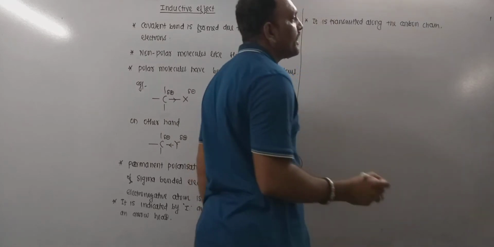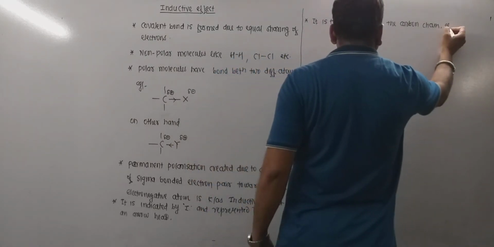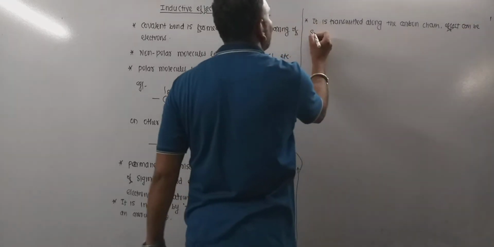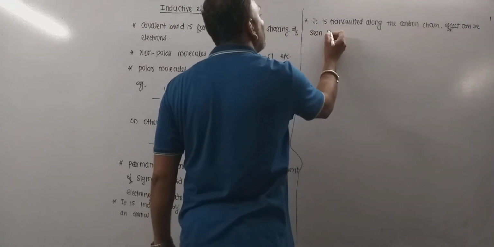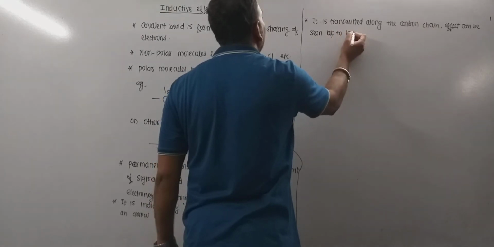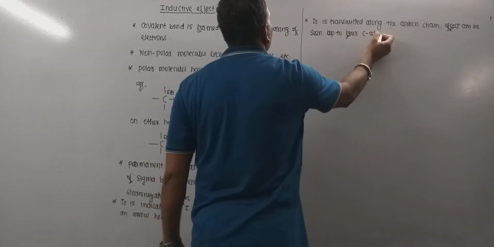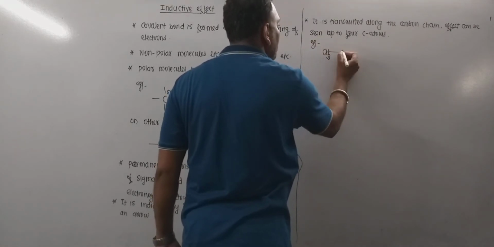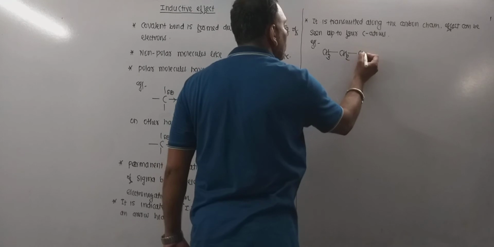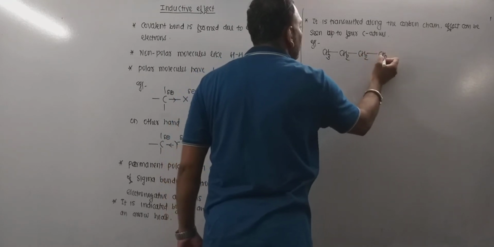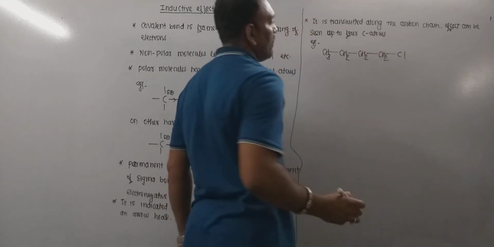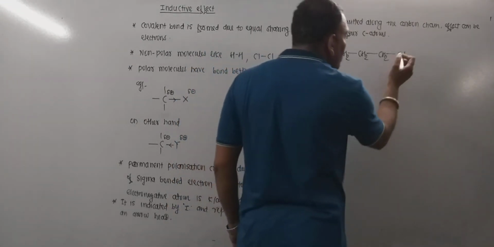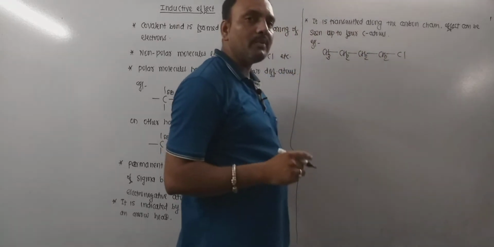And remember, the effect can be seen up to 4 carbon atoms. Now consider, for example, this case: CH3, CH2, CH2, CH2, Cl. I mean n-butyl chloride. Now in this case, chlorine is more electronegative than carbon.